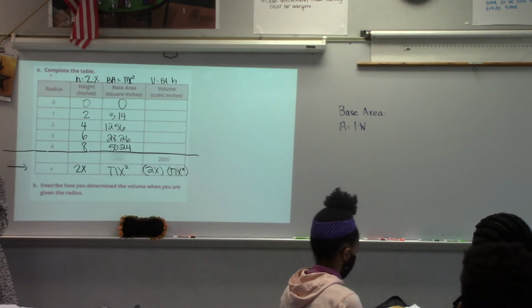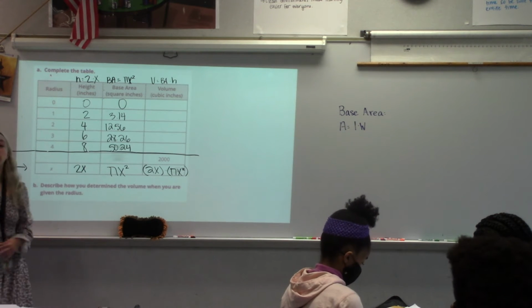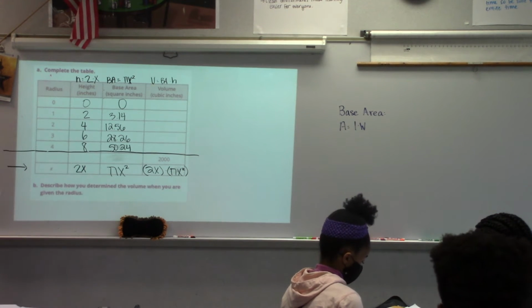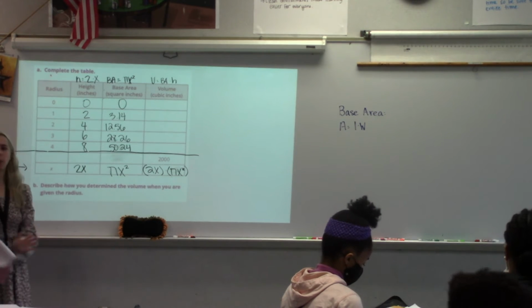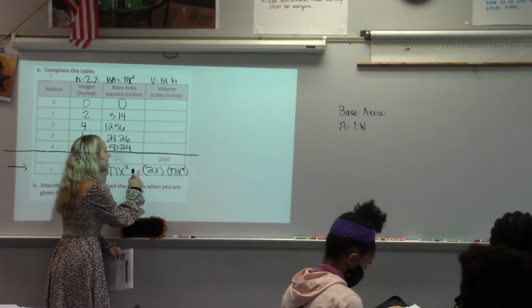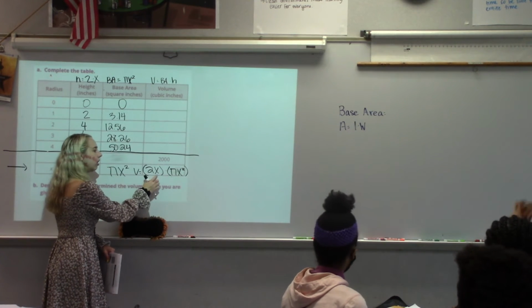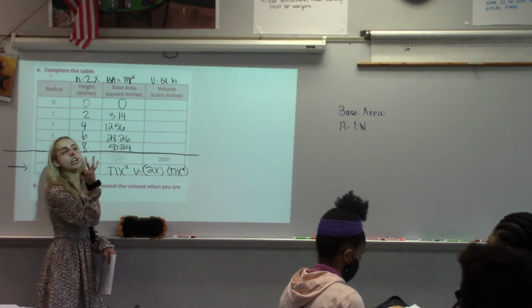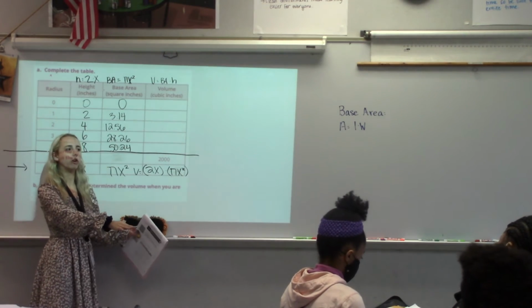Well, if I have a degree of 2, what kind of function would that represent? Okay, so I have a quadratic function. And when I multiply a linear times a quadratic, what's my product? A cubic. And what's the degree of our volume function here? Well, 3 would be the degree, making it a cubic function.